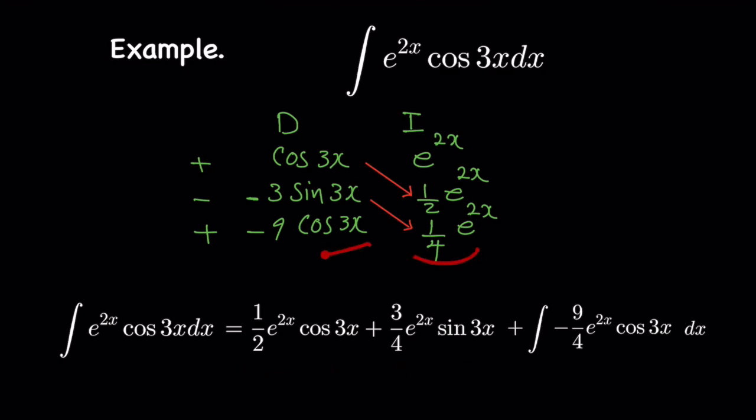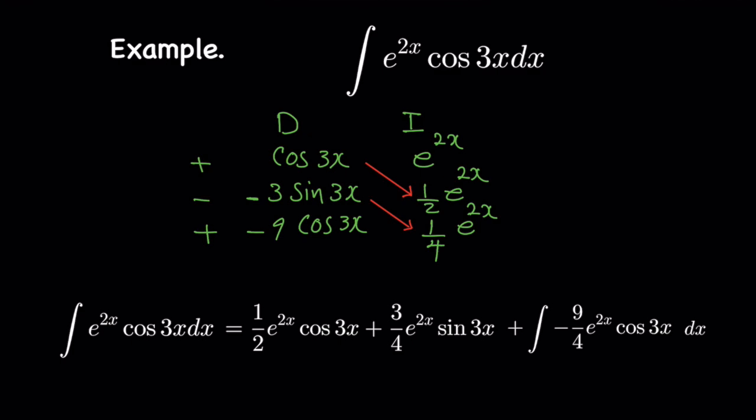But when you multiply the last two functions, which lie in the same row, then you need to integrate it. So the DI method tells us that this integral that we are looking for is equal to this function, and then minus 9/4 times an integral. And notice that this is the same integral that we started with.